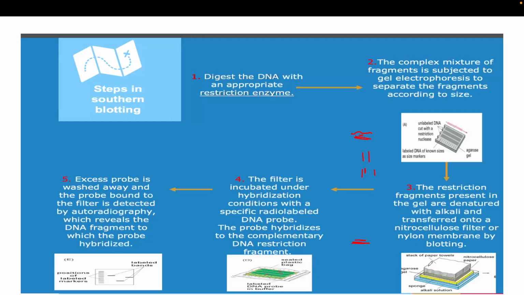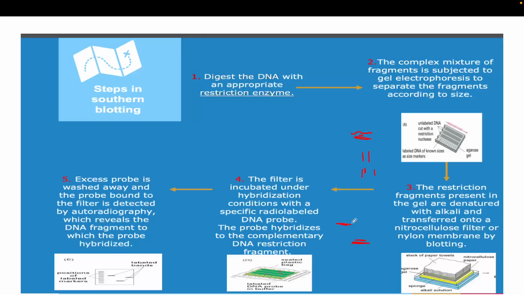After transfer onto the nylon membrane, the filter is incubated under hybridization conditions, in a solution. In the solution there will be a sequence-specific probe. A probe is nothing but a short sequence of nucleotides, which is radiolabeled, or fluorescence labeled, or chemiluminescence labeled.